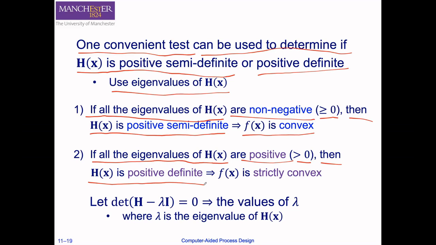As we discussed previously, if the Hessian matrix is positive definite, then this function f(x) is strictly convex.